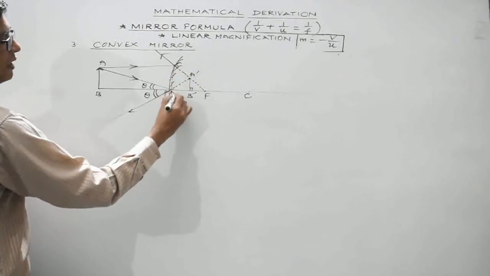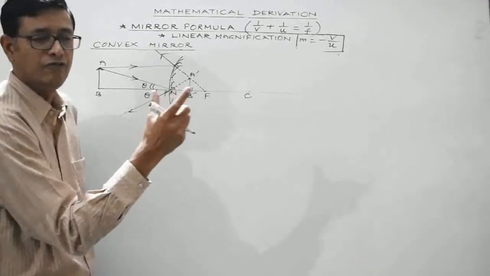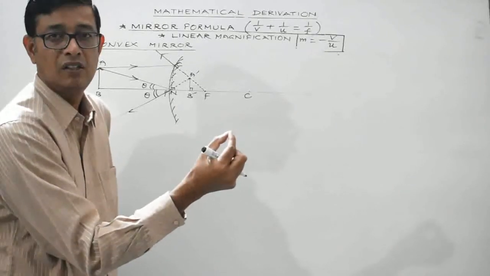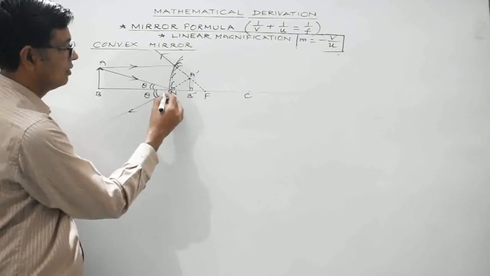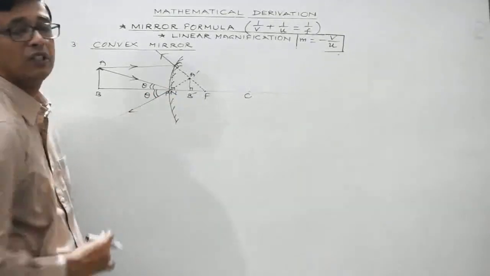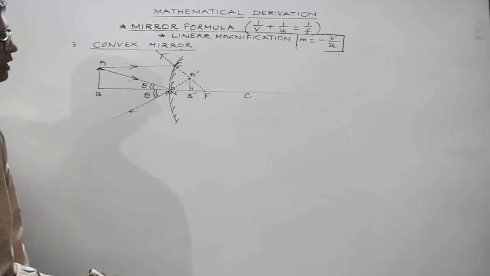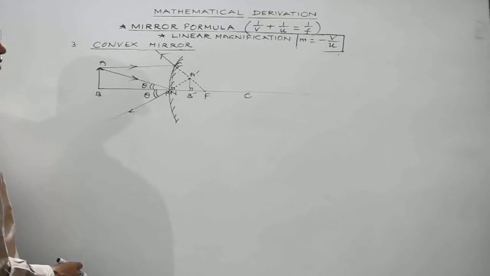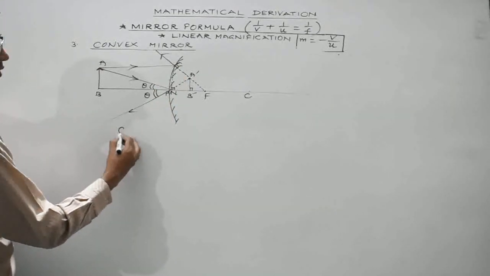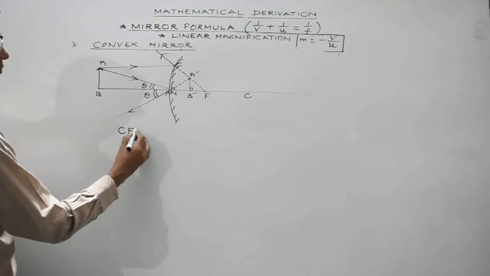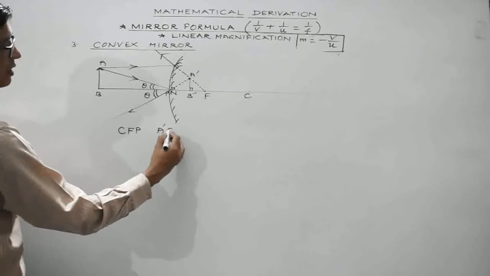This may be considered point N, and as I told you time and again, this point N lies vanishingly close to point P. So these two points P and N may be considered coincident, right? Let's choose two pairs of triangles. We consider these two triangles. Look, triangle CFP and consider triangle A-FB'.